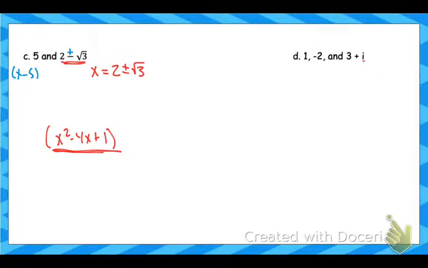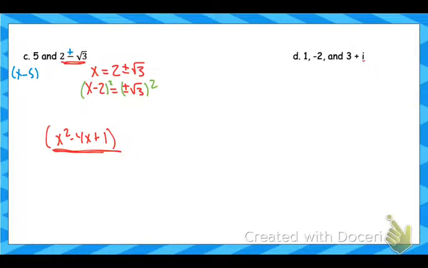So to work backwards, the first thing I'm going to do is subtract 2. Then I want to get rid of the square root, because we usually don't have square roots within our factors. So to get rid of a square root, I'm going to square both sides. Well, x minus 2 squared, remember, that is x minus 2 times x minus 2.